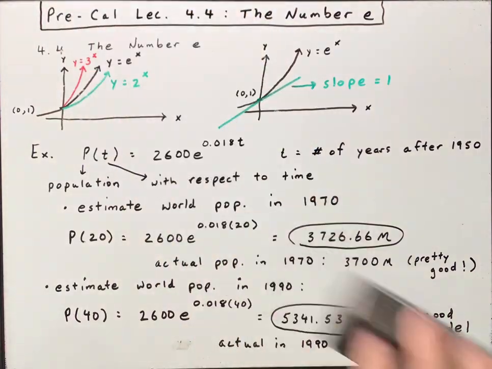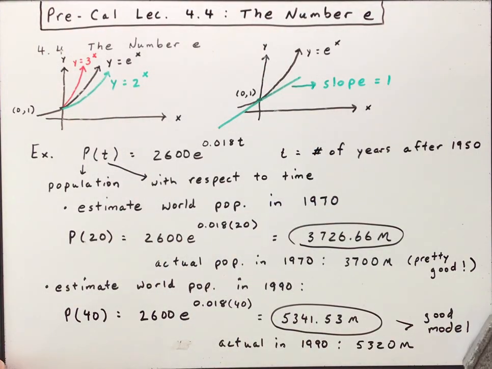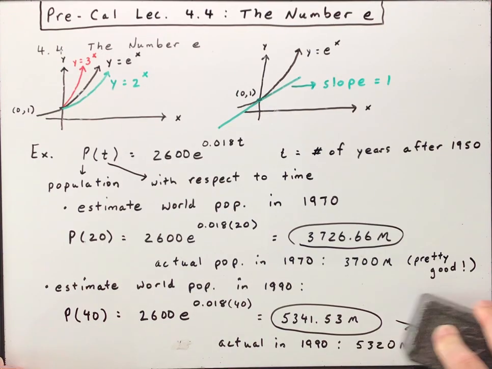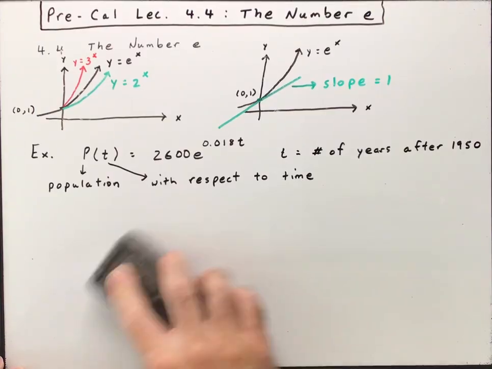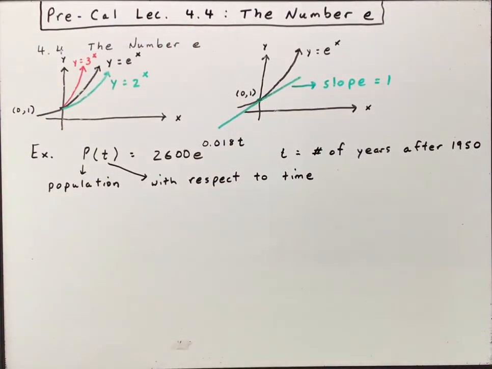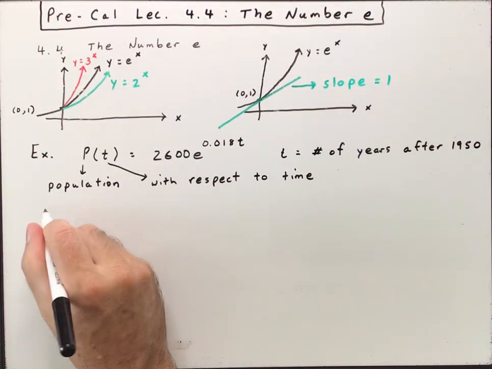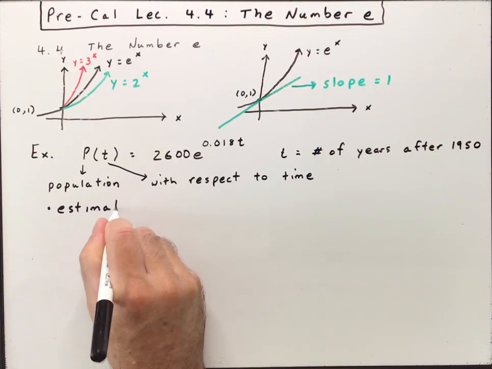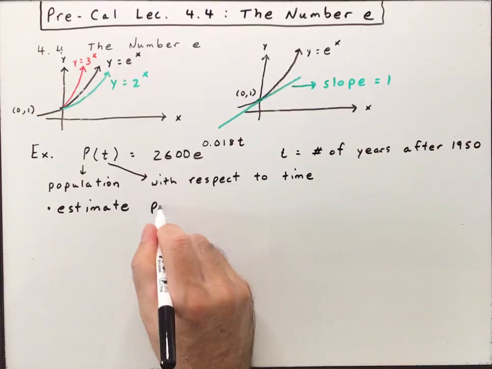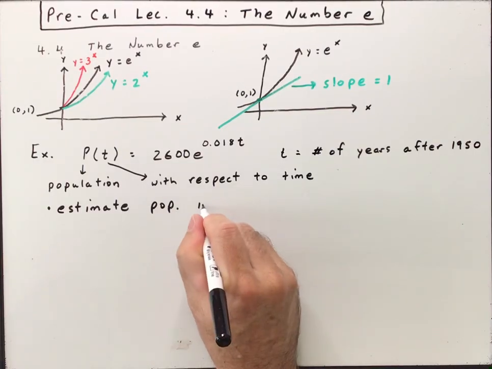All right. So let's do one more. Let's look at 2010. So I'm going to erase the first two bullets there. So we'd estimate our population in 2010.